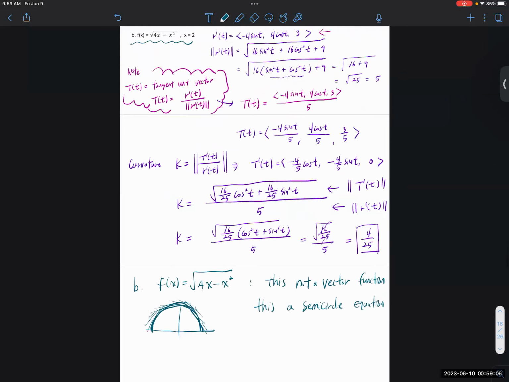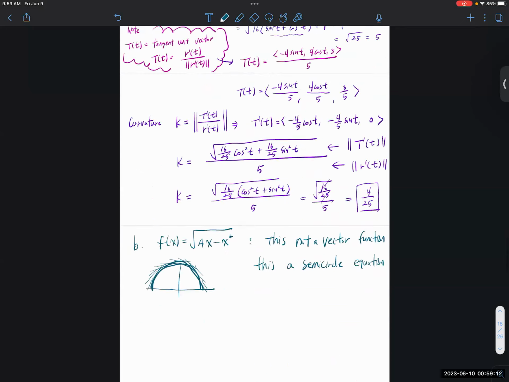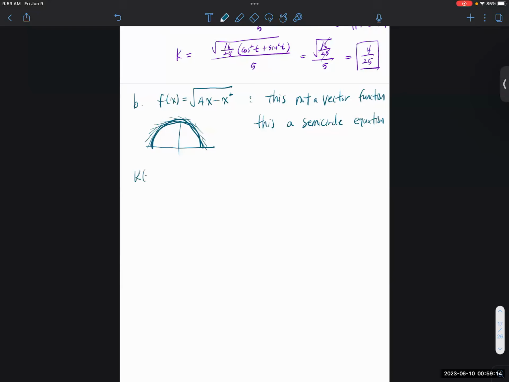So according to the third formula, I'm going to write it so you don't get confused. We're going to find the curvature using the third method: the absolute value of the second derivative over (1 plus y prime squared) to the 3/2.